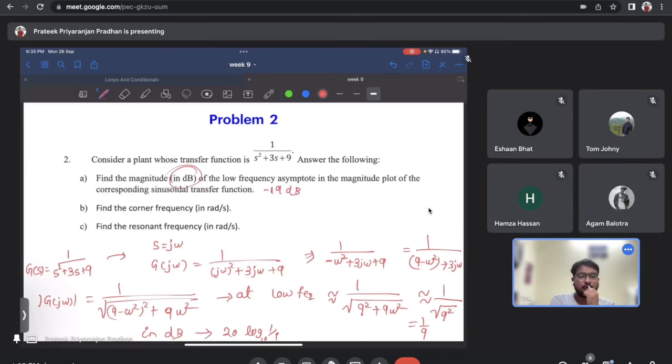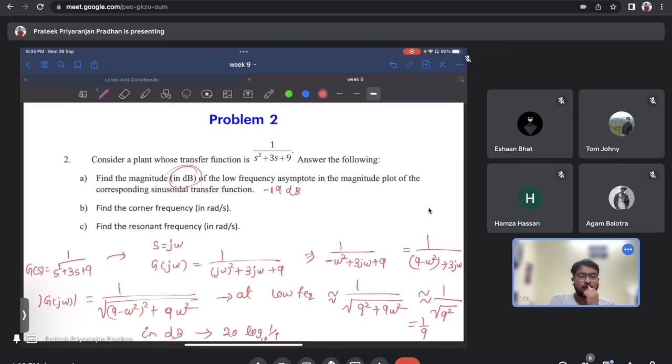It's not 1 by second, which is hertz, because omega is equal to 2 pi f. It's in radian per second. You need to keep it in mind.